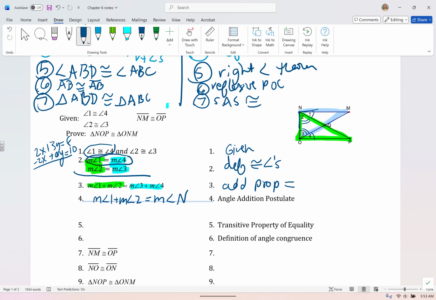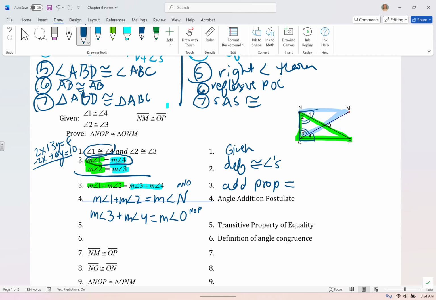The more proper way would be to call it MNO. So this should be called MNO, but we're going to call it measure of angle N just for speed right this second. And then also, if you add up the measure of angle 3 plus the measure of angle 4, that would technically make this whole bottom angle, the measure of angle O. Technically, you should call it NOP, but for brevity, we're going to call it angle O. So just between us, we're going to put that down there.